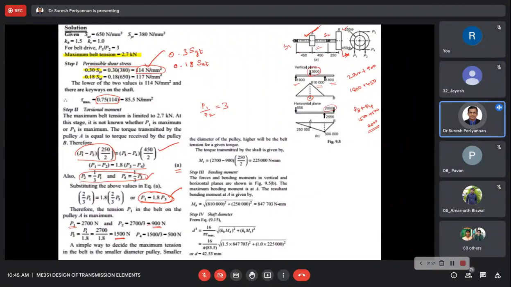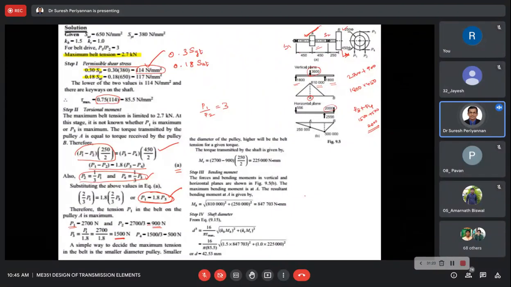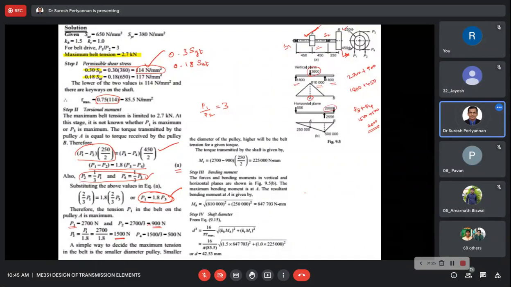Now go for the reaction calculation. Just I write it here. Here is point A. This is support 1, this is support 2. Find the reaction force. Now, 2000 with respect to S1: 2000 into 1.15.